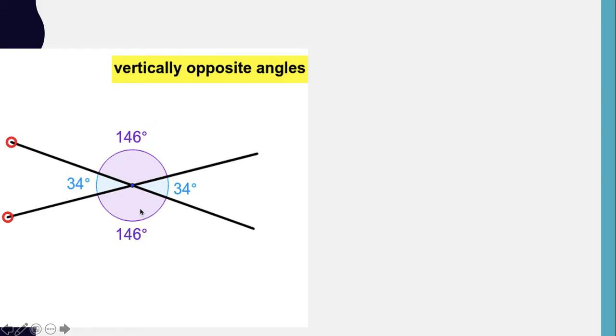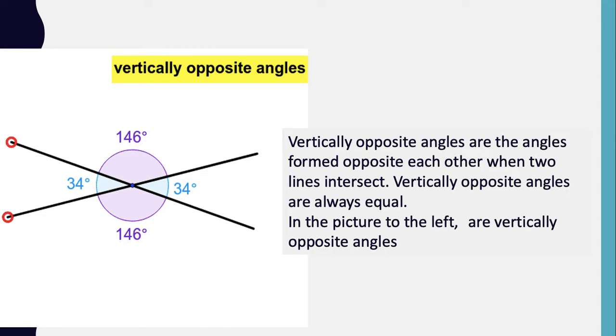Vertically opposite angles are always equal. This angle and this angle are equal, so you have to learn and keep that. Vertically opposite angles are angles formed opposite each other when two lines intersect, and they are always equal.